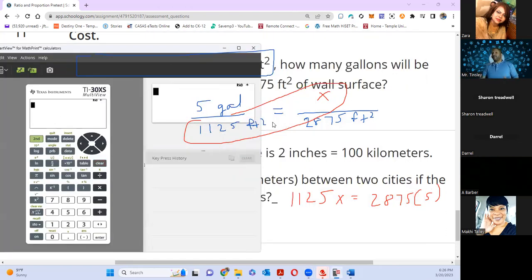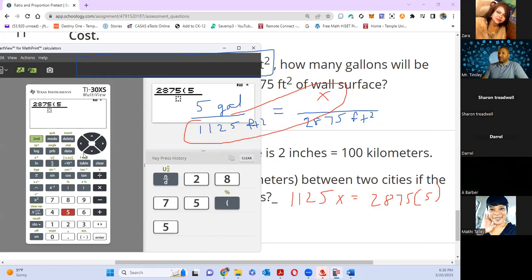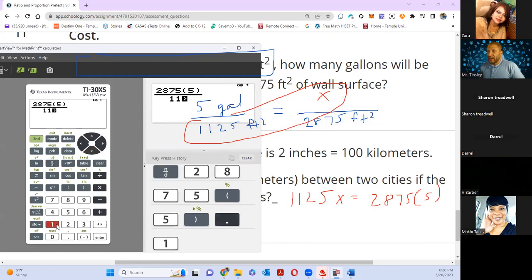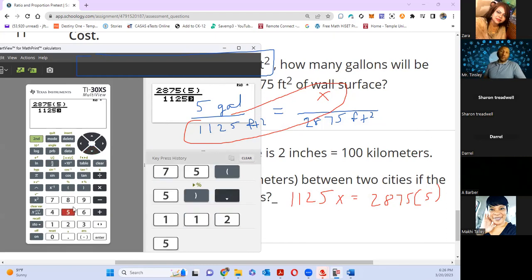I'm going to multiply 2875 times 5, and then on the bottom, I'm going to put the coefficient of my X, which is 1125. If you were solving this algebraically, it's the same thing. You should recognize patterns: when you set a proportion up, you're dividing by the coefficient of the X.